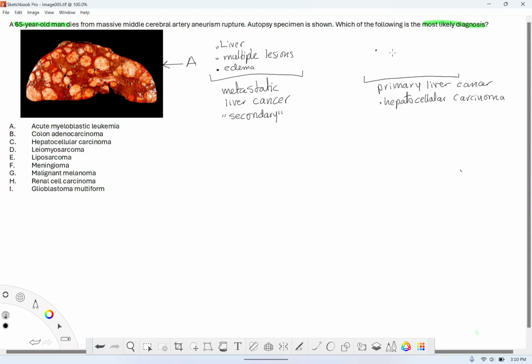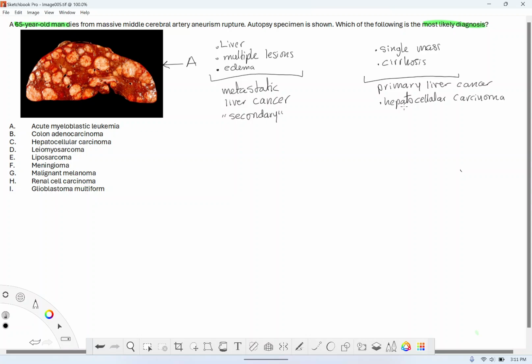Usually they would have a single dominant mass, even if there could be small other ones, but there's one major single mass, accompanied by signs of cirrhosis. Cirrhosis would be small nodules like dots, with a single large mass. Okay, I'll show you a picture.